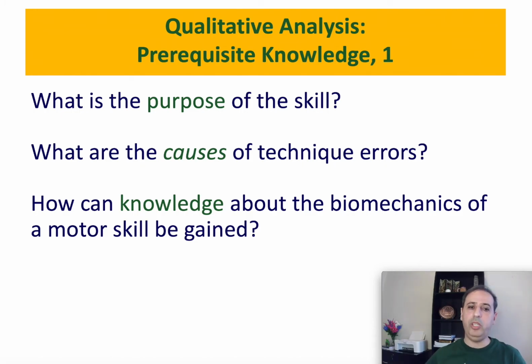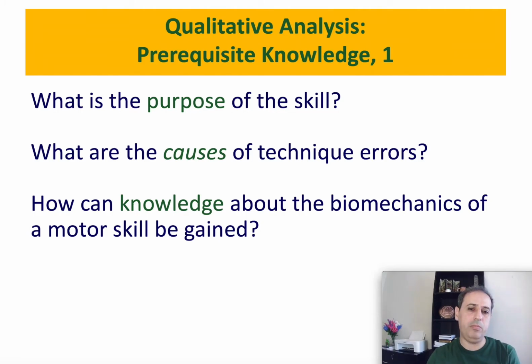As I mentioned before, you need to know the purpose of the skill or motor task that has been done, the causes of the technique errors in the movement of the subject, the causes of injuries, and how knowledge about the biomechanics of a motor skill can be gained. These three questions need to be answered and discussed before we can say that we have some sort of meaningful qualitative analysis.